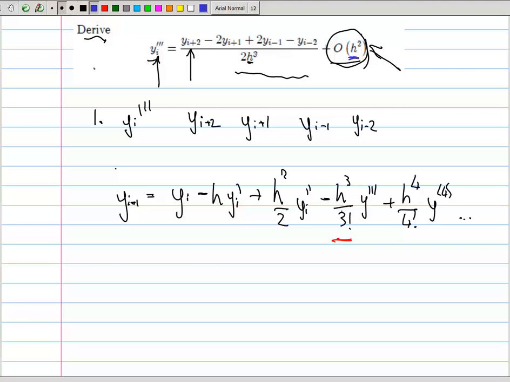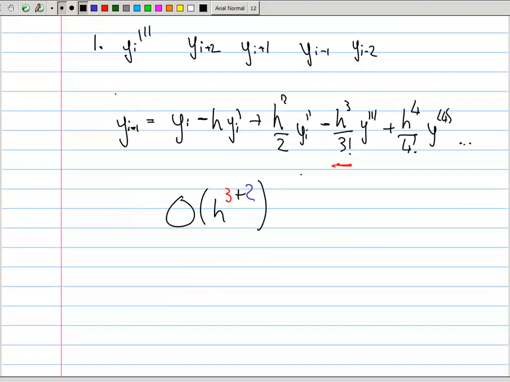So that means when we're writing out our equation, we need to expand it up until we land up with something that is O to the power of 3 plus 2. So that is what we need to make our accuracy.